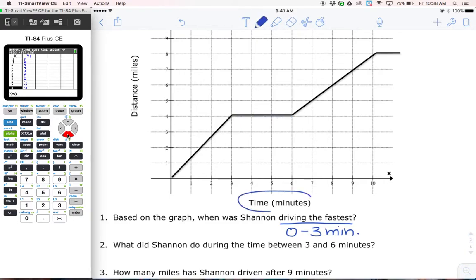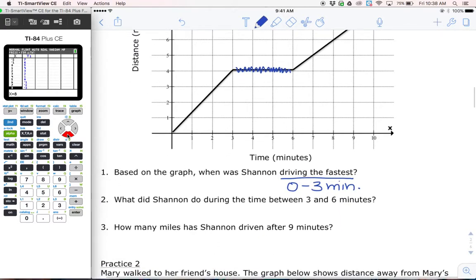This is saying time and distance. So if time is passing, but her distance is staying the same at 4, that means that she is stopped. All right, maybe she hit a stoplight or something. She stopped. Time is passing, but she is not moving.